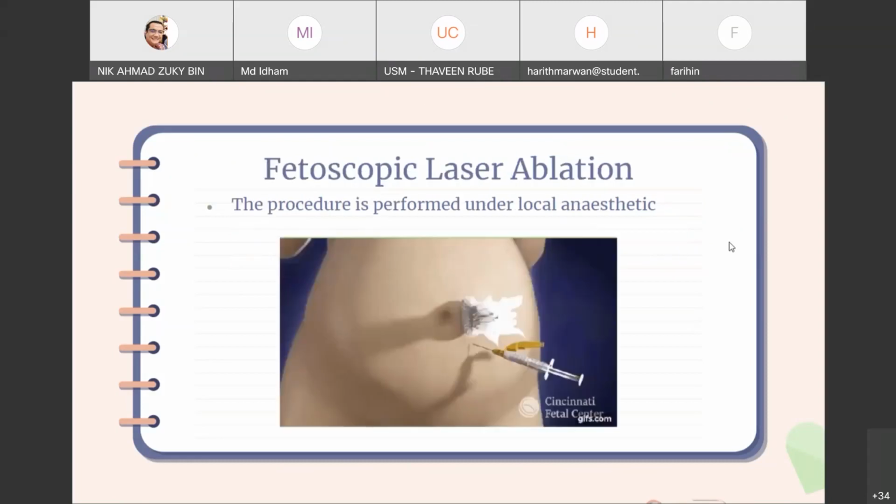Next, first we must understand what fetoscopic laser ablation is. Fetoscopic laser ablation is mostly performed under local anesthetic.